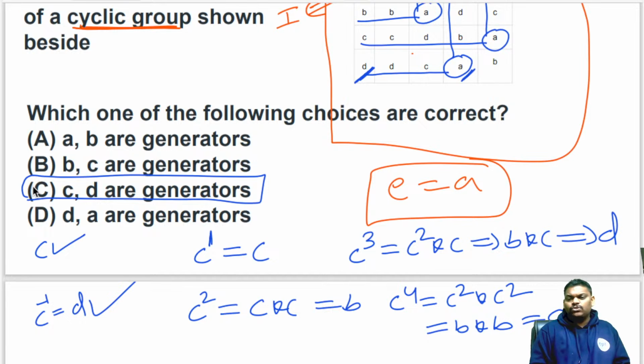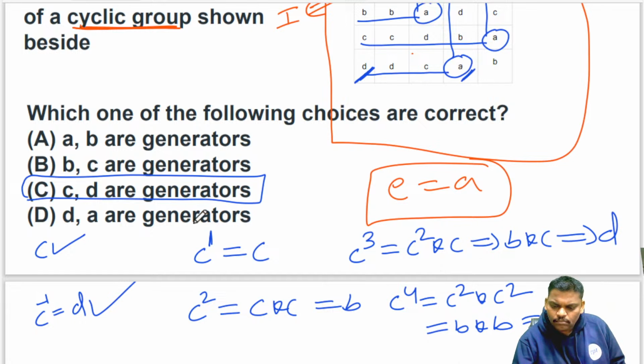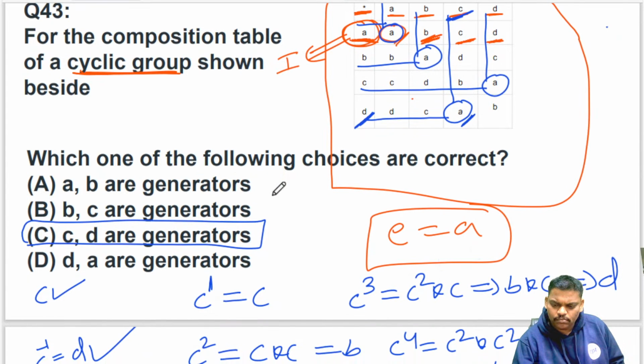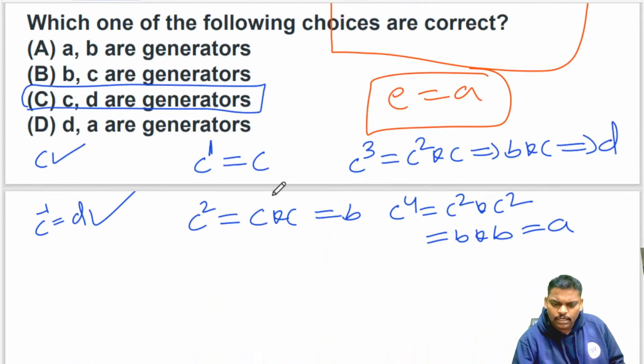If you want, you can verify other people also, A and B. You may not get all the people. Somewhere you will get stuck, the same persons keep on repeating. Yeah, perfect. C and D are generators.